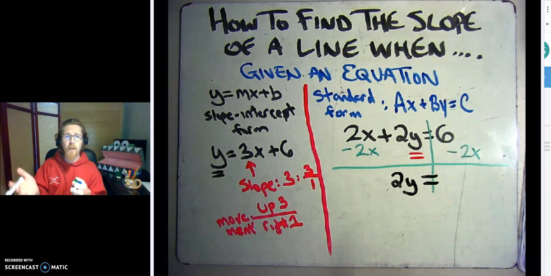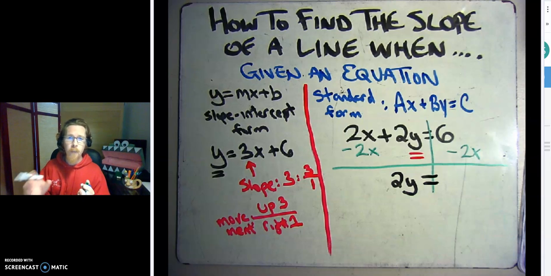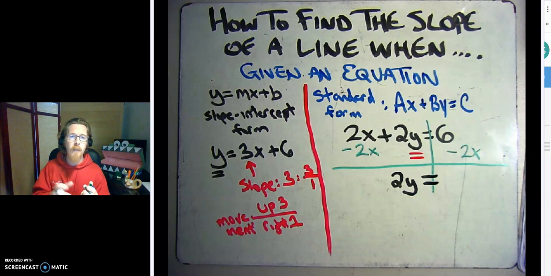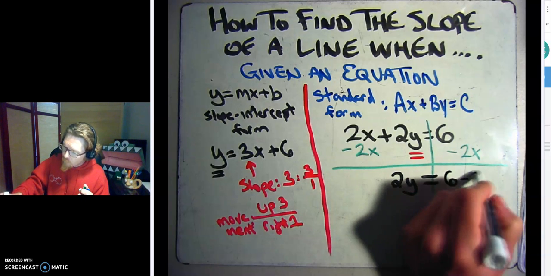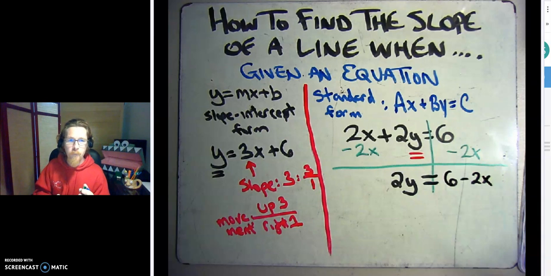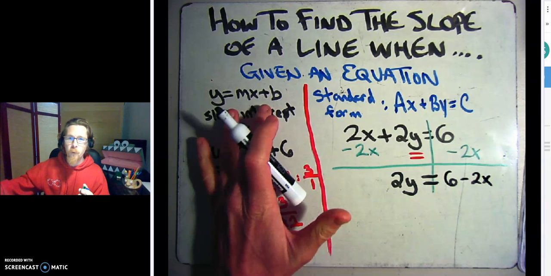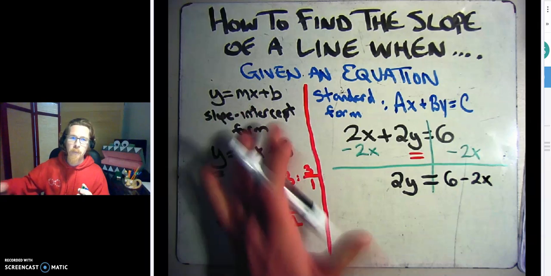Because 6 is a constant and minus 2x is a variable, they are not like terms, so they can't be subtracted. I'm not going to get 4, even though I know 6 minus 2 is 4. I just leave them as they are. I could write it as 6 minus 2x, but I'm thinking in terms of slope-intercept form, and to keep it consistent, the x value comes first.